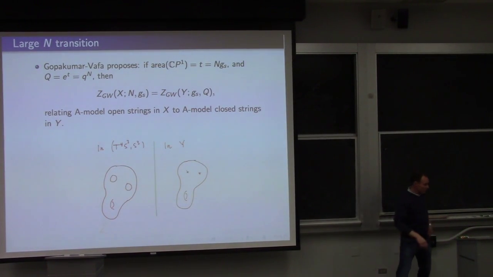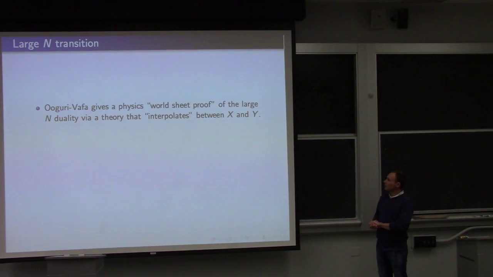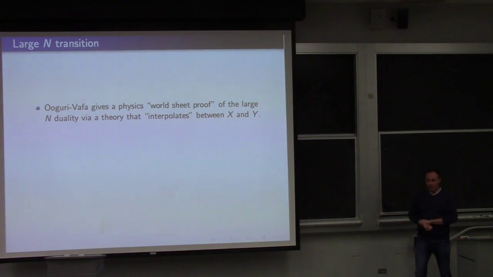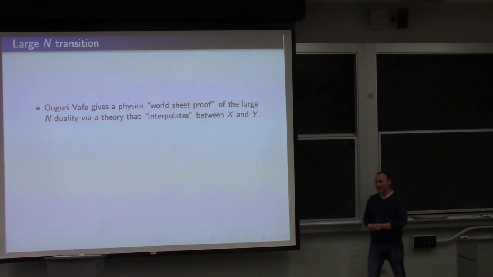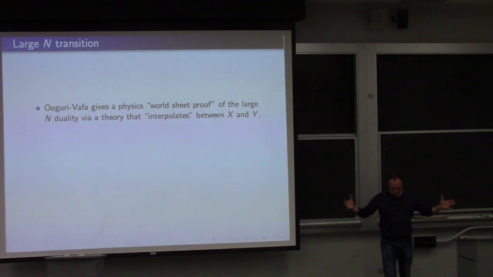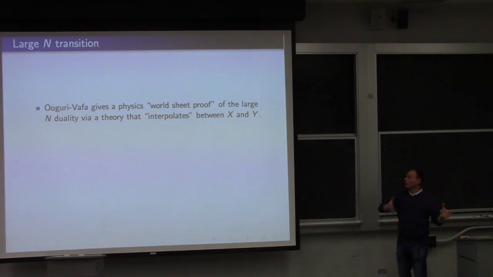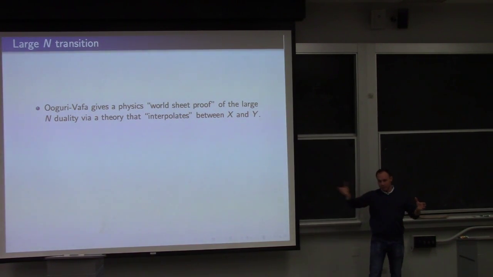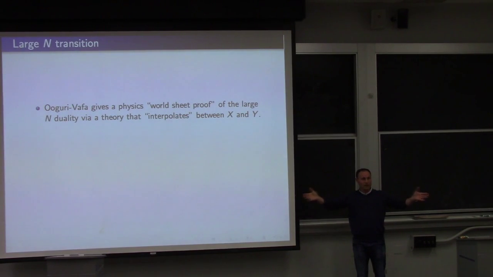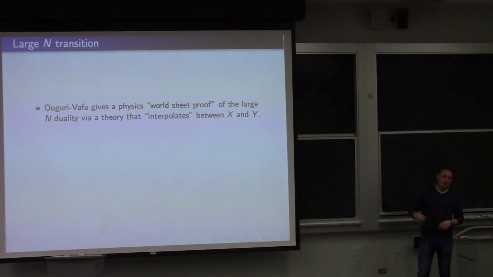So that's what we are going to use. Now, in fact, there is a physics proof of this which I looked at, and I would like to encourage more people to look at. It's actually a very nice proof where you define some sort of string theory where parts of the surface are in one phase and other parts in the other phase, and then somehow we interpolate between them, and this thing actually grows out.